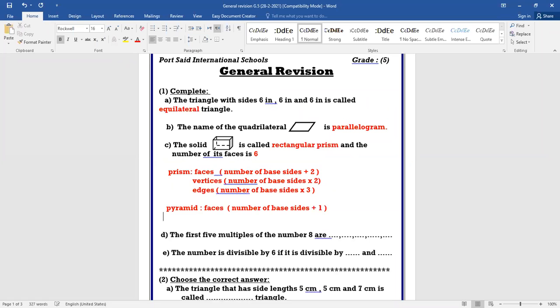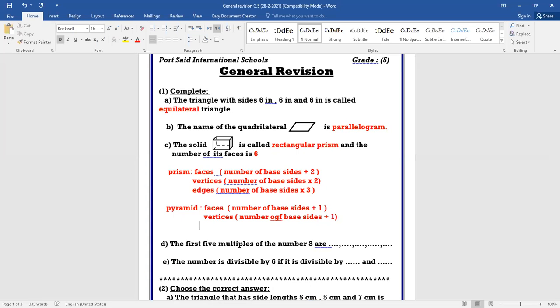To find the number of vertices, also number of base sides plus 1. And to find the number of edges, number of base sides multiply by 2.